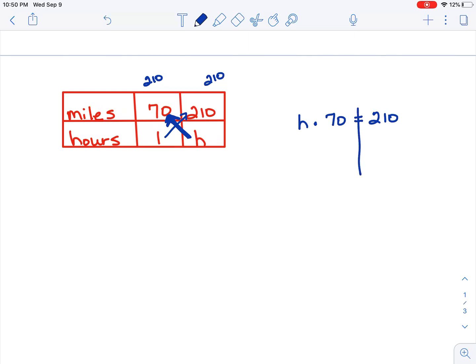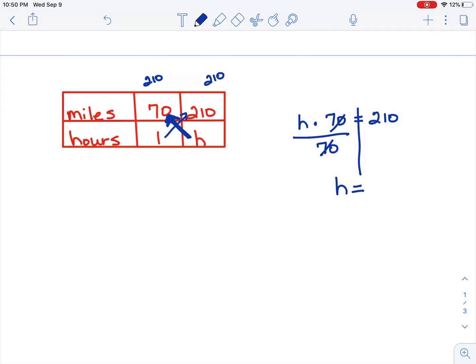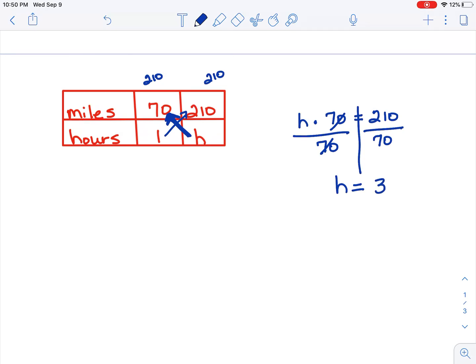So instead of multiplying by 70, I do the opposite and divide by 70. Those cancel out, leaving me with H. If I divide the left side by 70, then I divide the right side by 70. So 210 divided by 70 is 3.